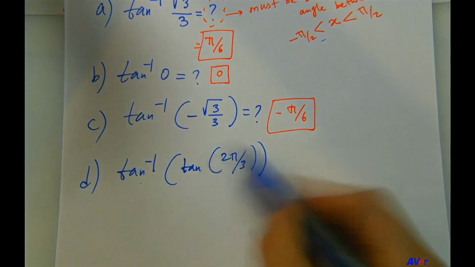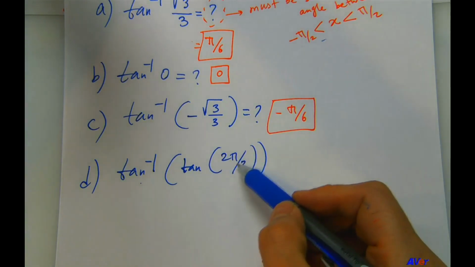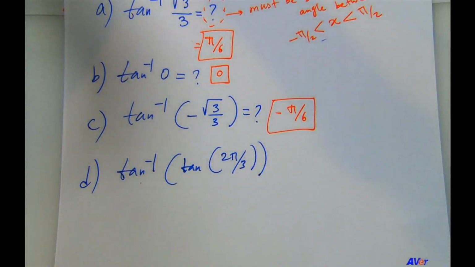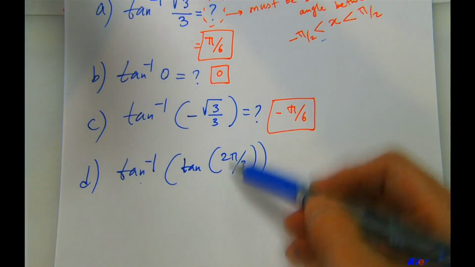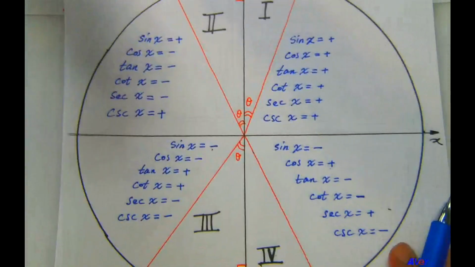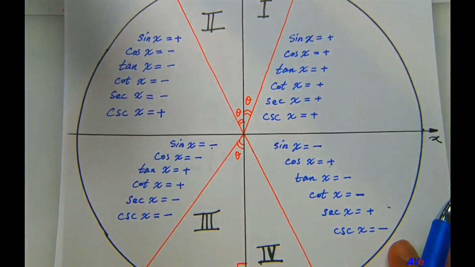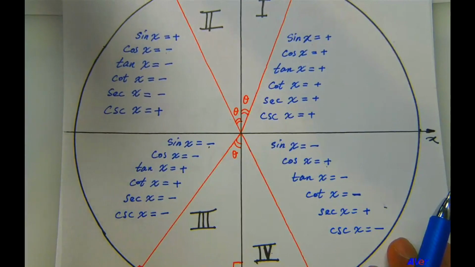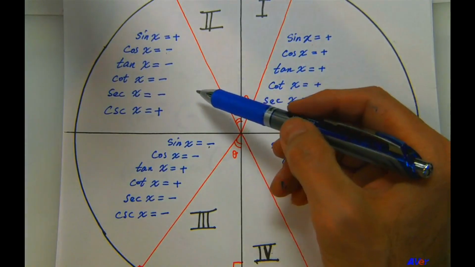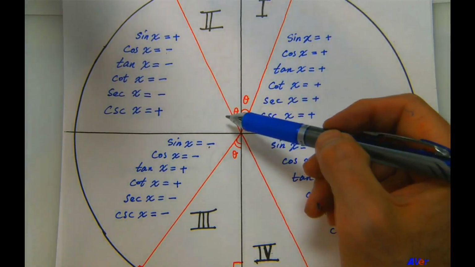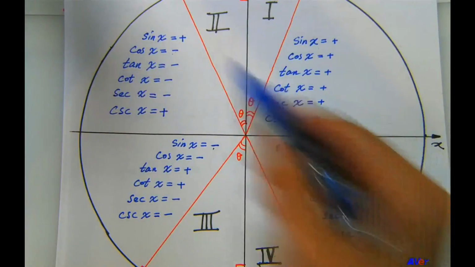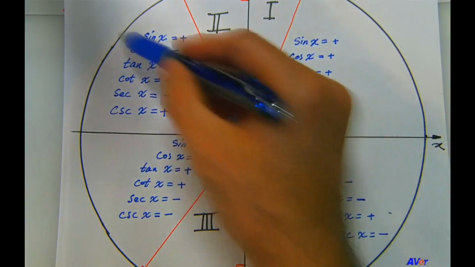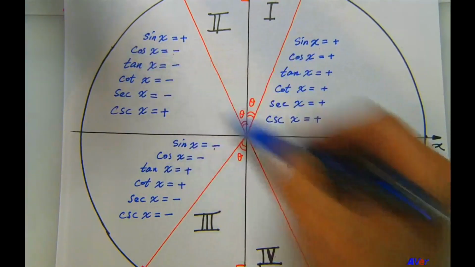So let's calculate this. What is this value anyway? 2 pi over 3 is slightly less than pi, or 120 degrees, right? So 2 pi over 3 would be somewhere in here.